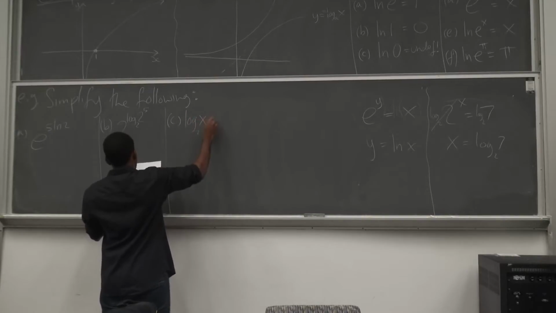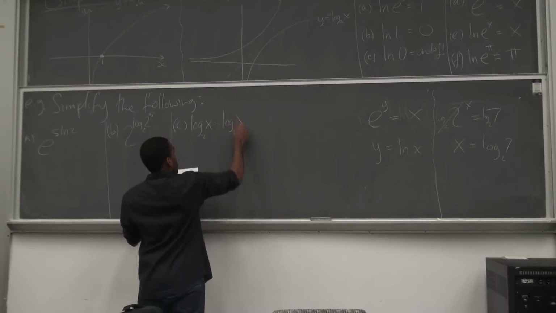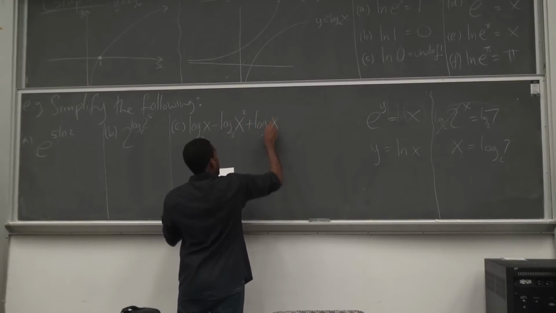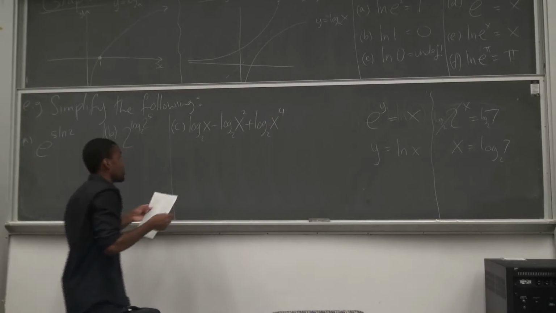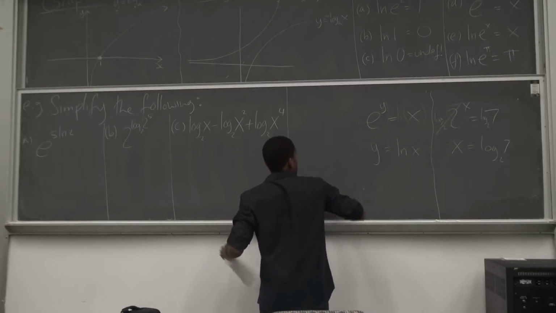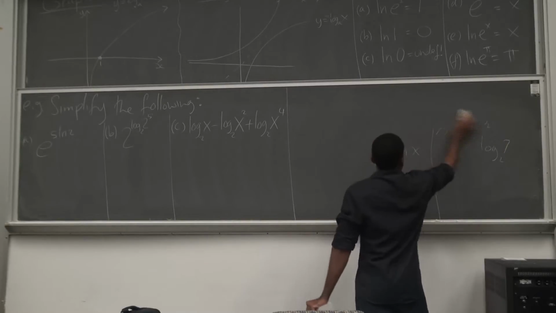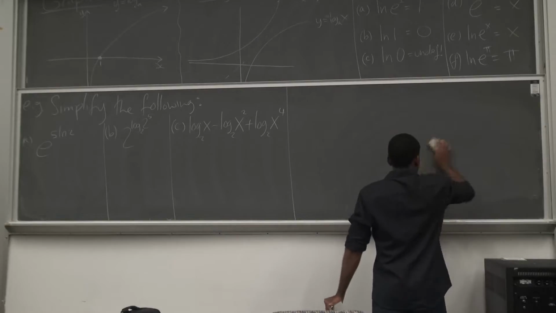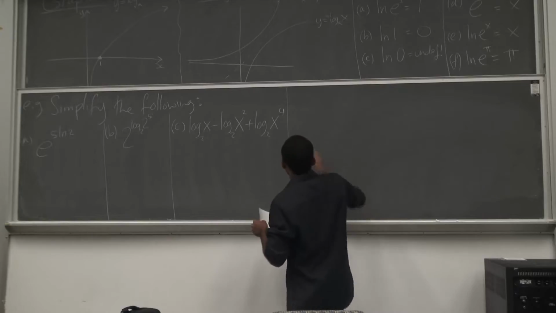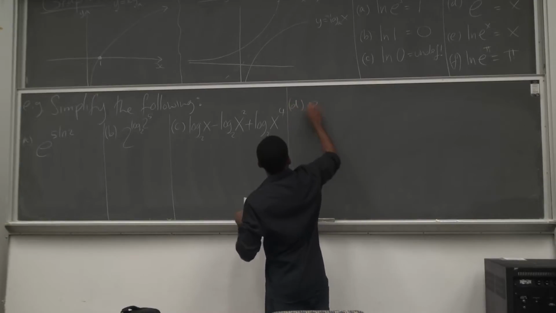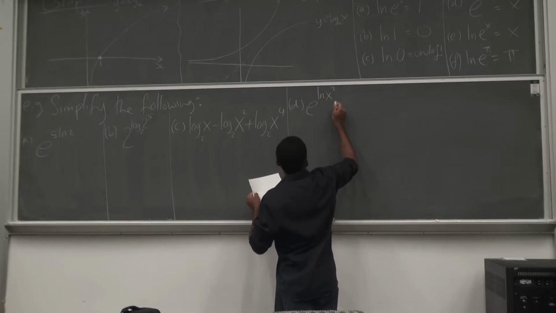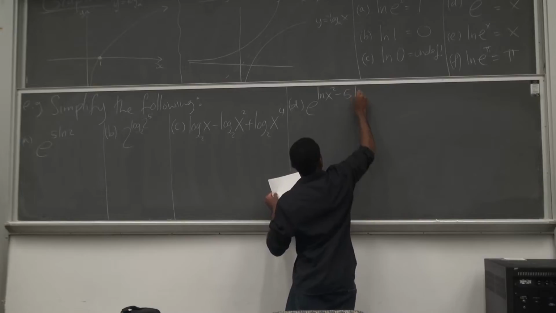Log base 2 of x minus log base 2 of x squared plus log base 2 of x to the 4. ln x squared minus 5 ln y, that's all in the power.